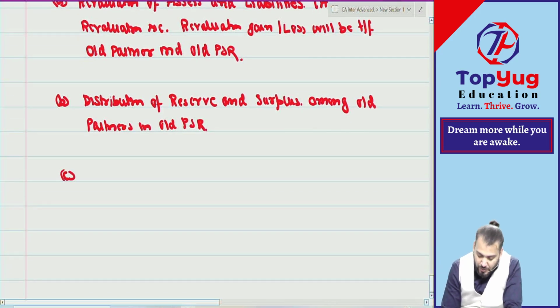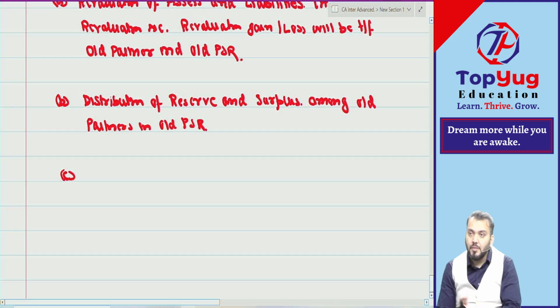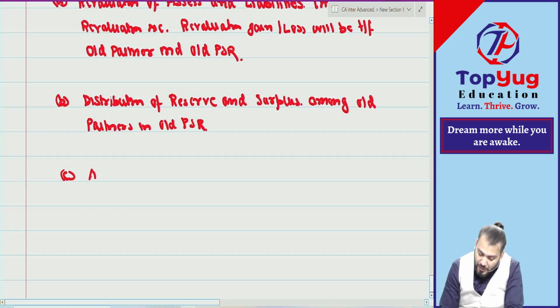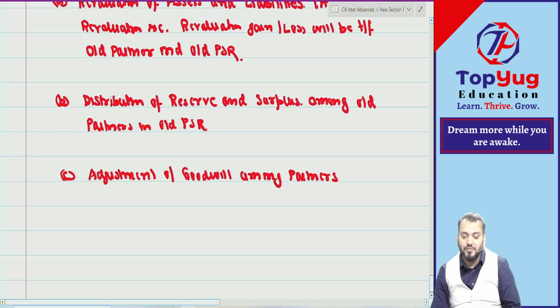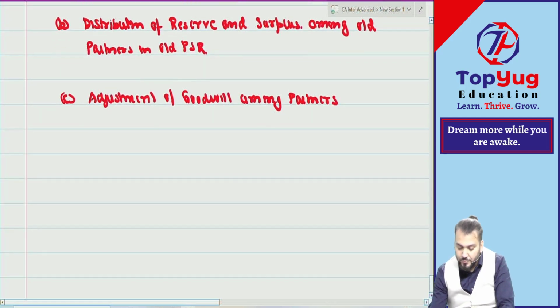Point number C is what? Adjustment of what? Adjustment of goodwill among partners. Correct. What journal entry we used to do?